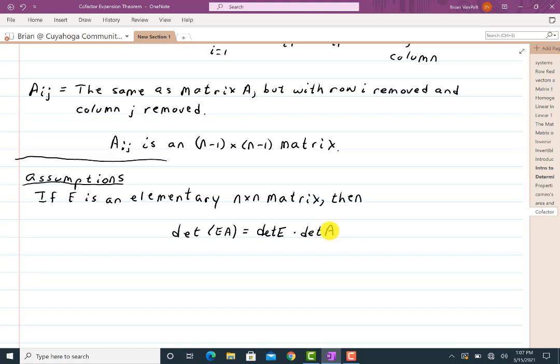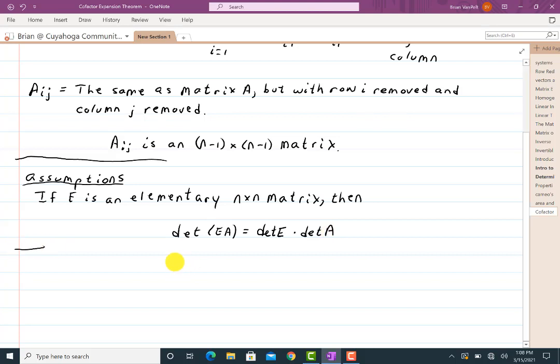There are three types of elementary matrices: the row swap matrices, then you have where you multiply a row by a scalar, and then you have row replacement. And anybody who is coming to this theorem probably knows all of these by now. All of the proofs of the three types of elementary matrices involve mathematical induction. It's not difficult to do. I can always throw up something if anybody who watches this would like me to.